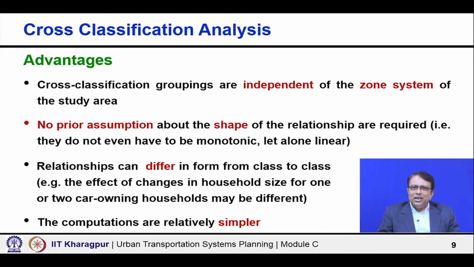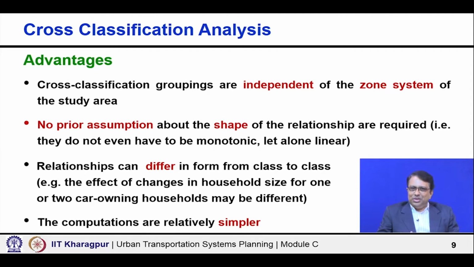If we are using the rate, then we are making the model almost independent of the zone size influence. On the other hand, we said that if we reduce the zone size, then my interzonal variability increases and my intrazonal variability reduces.